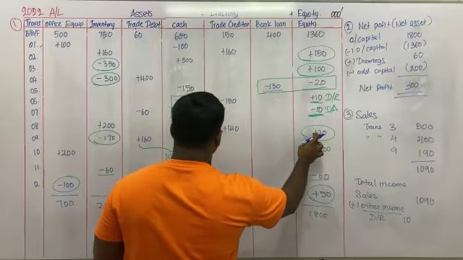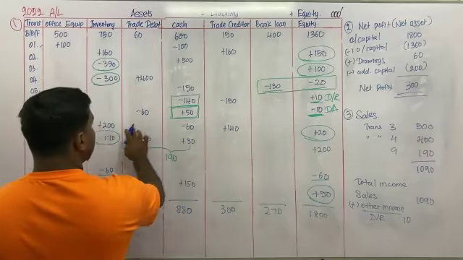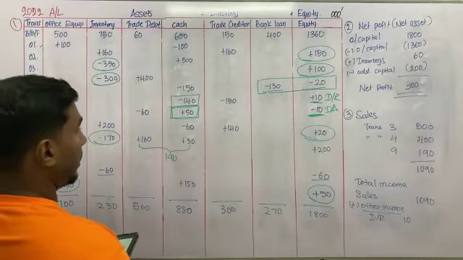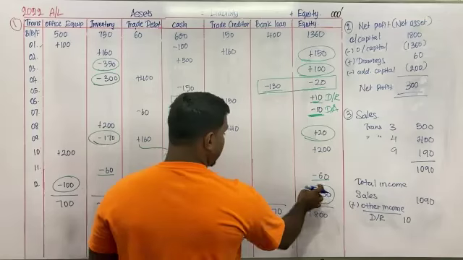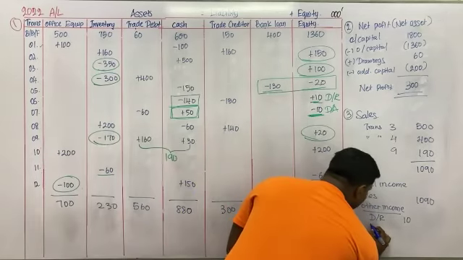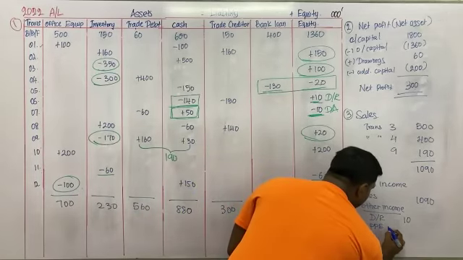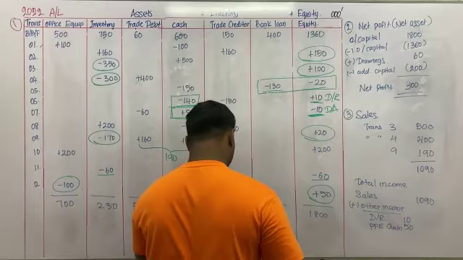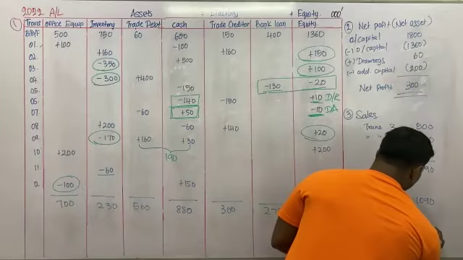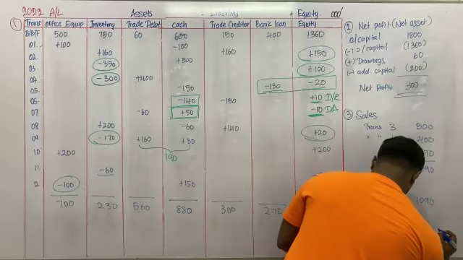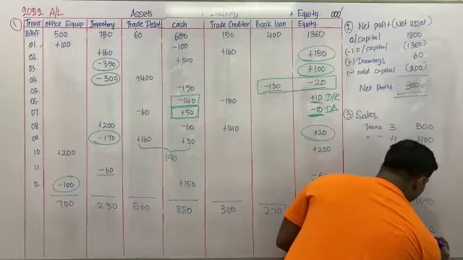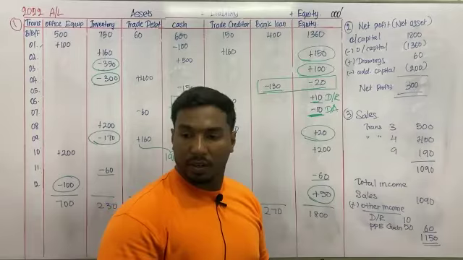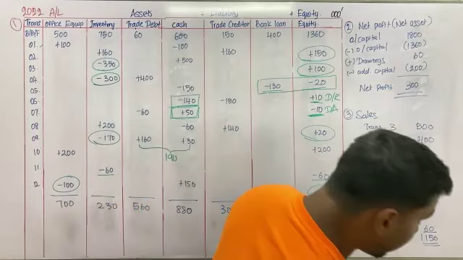And other plus values such as this 50, PPE gain. So total income is $1,150.